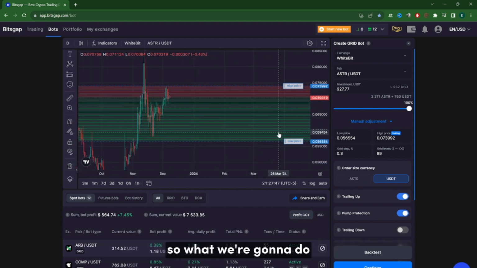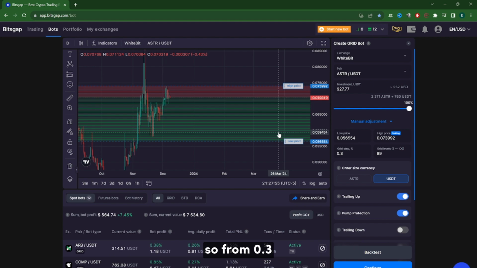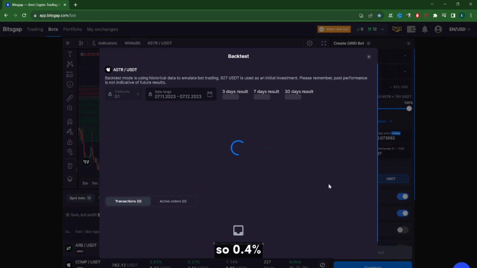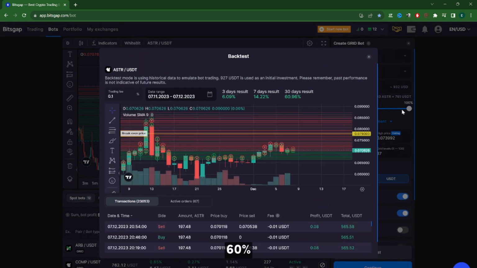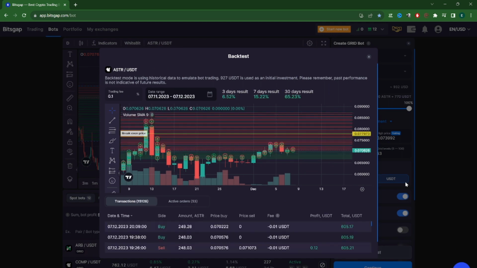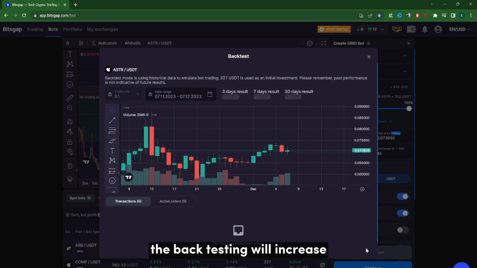Okay, so once we select our low price and our high price, we want to backtest the hell out of the bot. So from 0.3 all the way up to 1% and see how that goes. So 0.4, 60%, 0.5, 65%, and you will notice that sometimes the backtesting will increase.